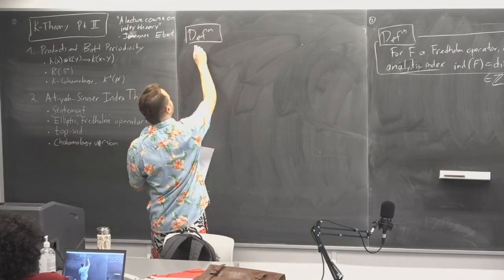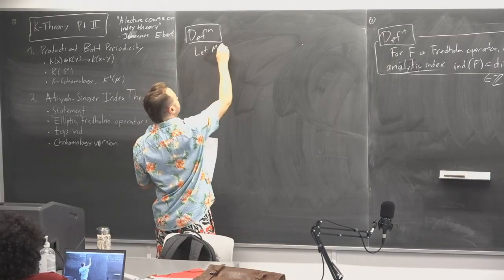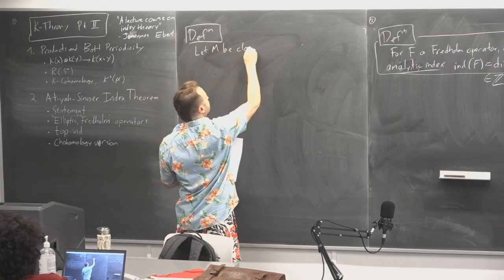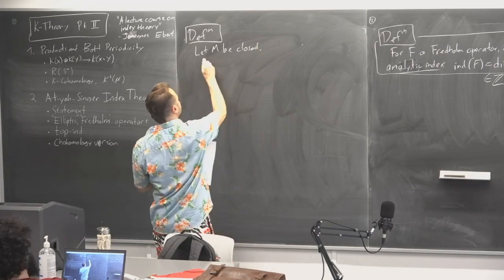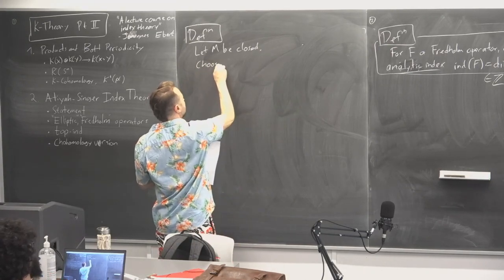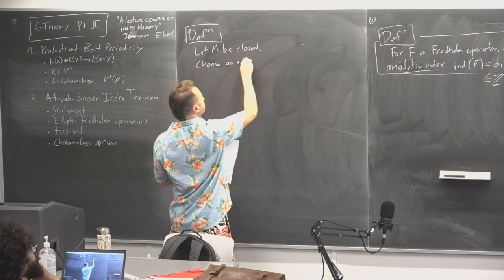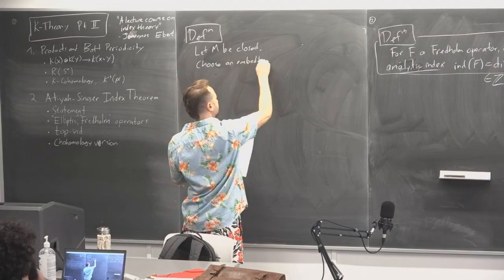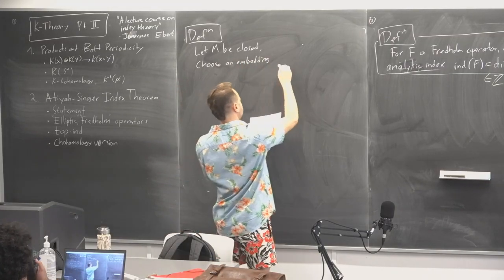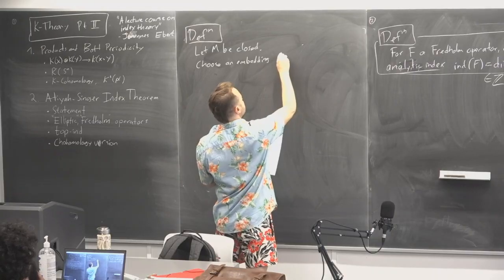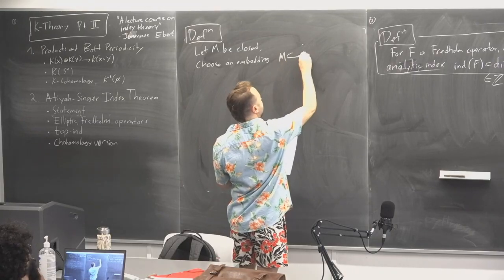So let's let N be closed. Choose an embedding of M into R^n.